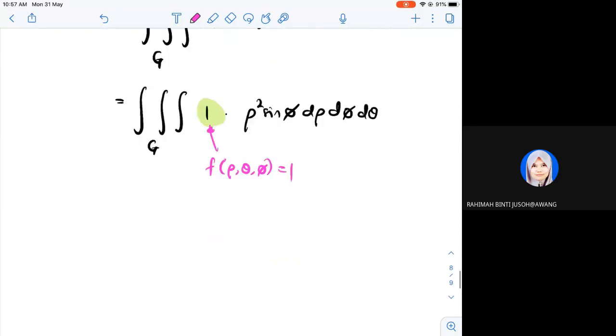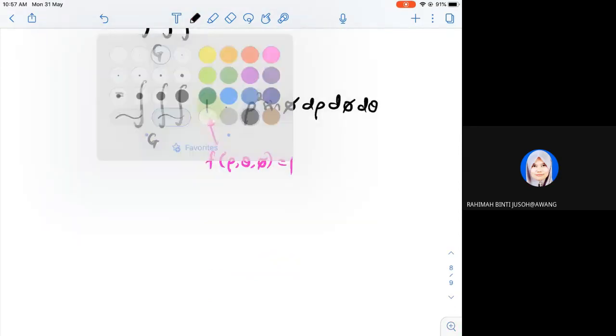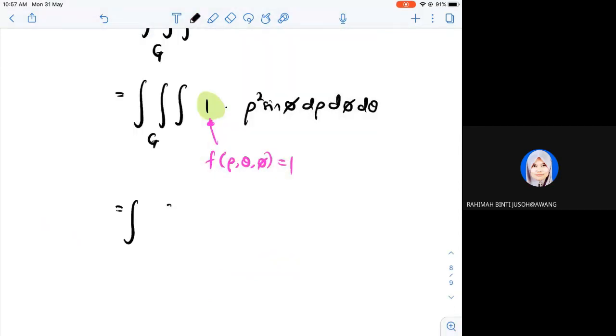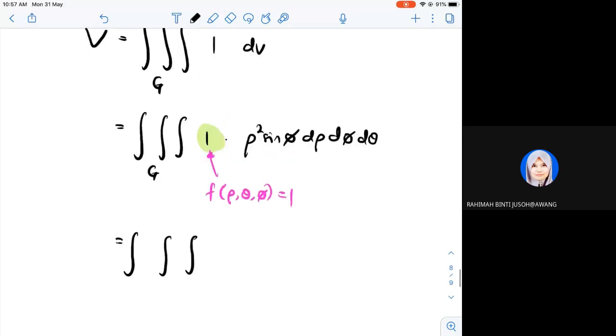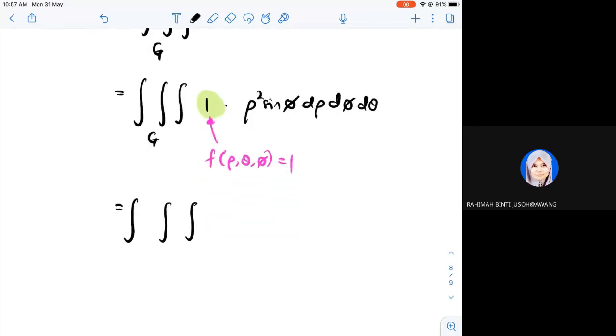So now we will have the integral equals to, okay. Rho from where to where? Limit of rho. At the back is like before, rho squared sine phi d rho d phi d theta.